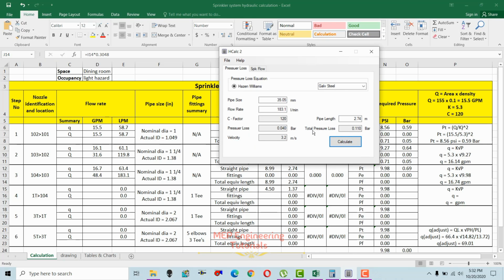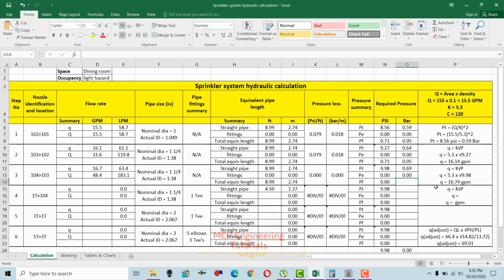So total pressure loss is 0.110 bar. It will convert into psi by using this conversion factor, and then you have to divide this pressure in bar by total length in meters to get the bar per meter, and you need to divide this required pressure in psi by total length in feet to get psi per foot.